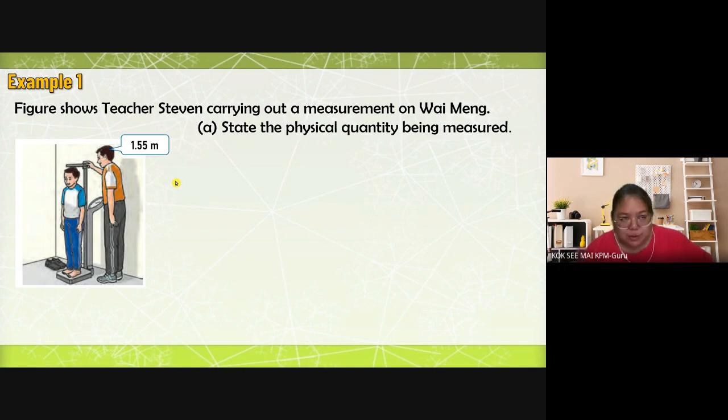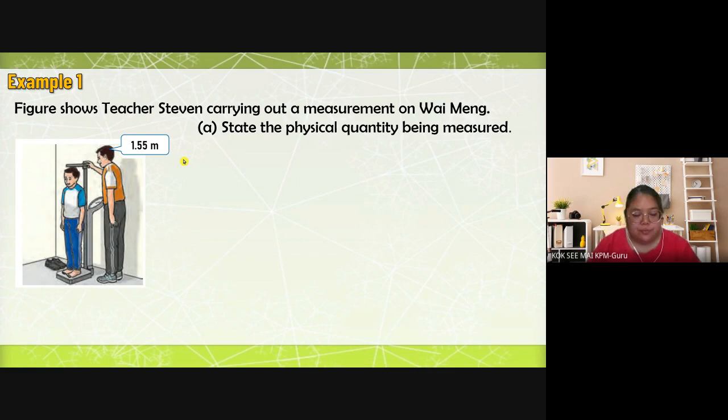它量什么东西？它的 physical quantity 叫什么名字？Okay, so I let 文轩 answer. 1.55 meter actually is what? What's the physical quantity?